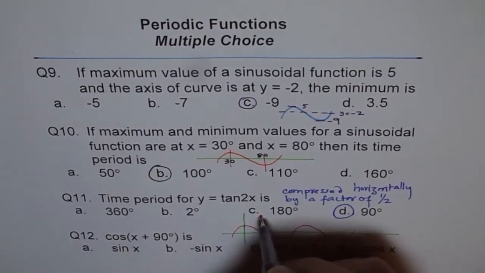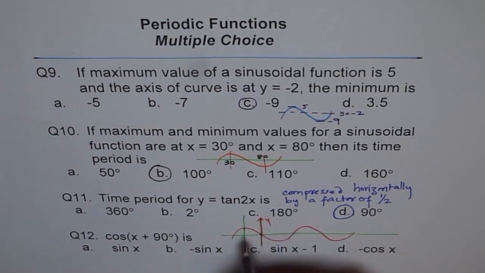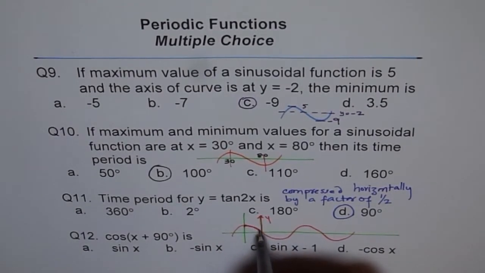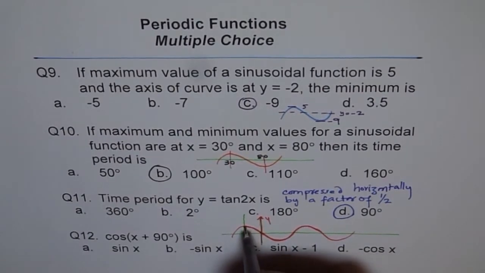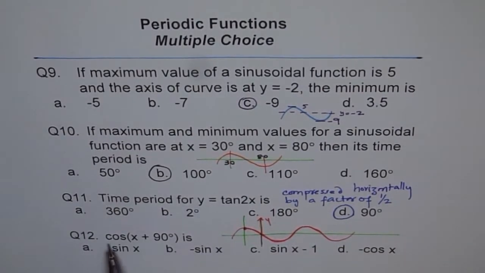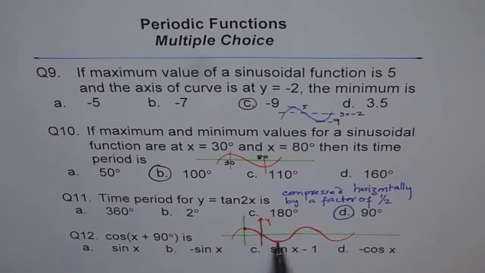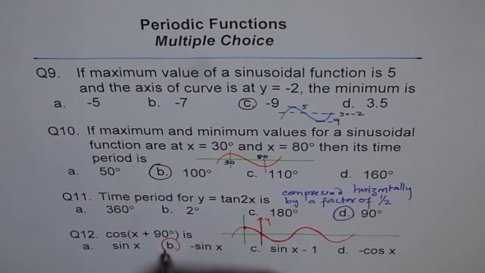We'll draw the y-axis here and x here. This starting from here is actually cos(x plus 90 degrees). Do you see? So what does this represent? If you see from here, it is minus sin x. Sin x will be like this. Do you see that? So the answer is minus sin x.